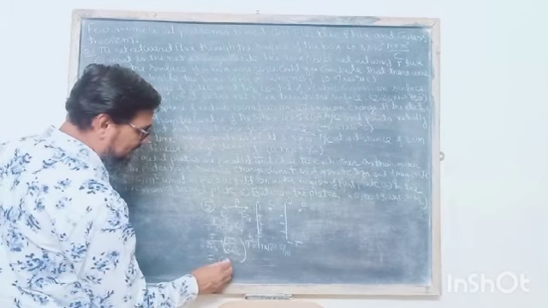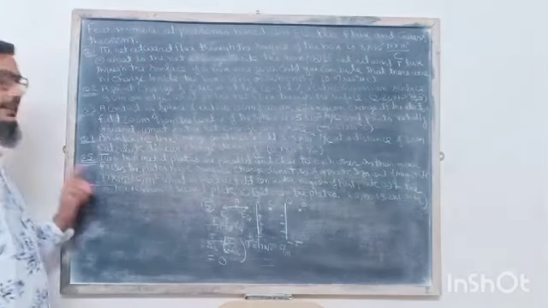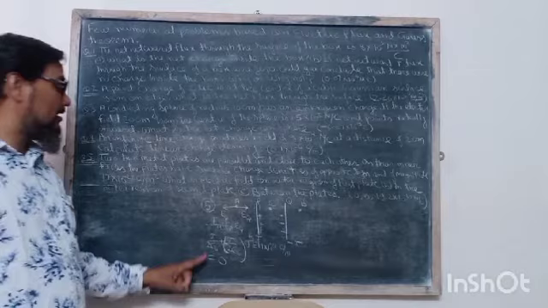So the electric field intensity outside the first plate is 0.